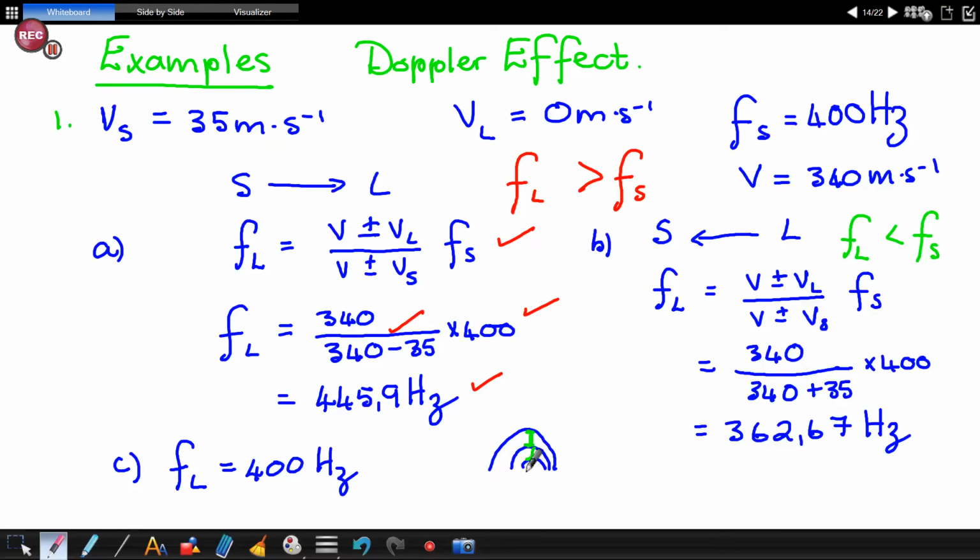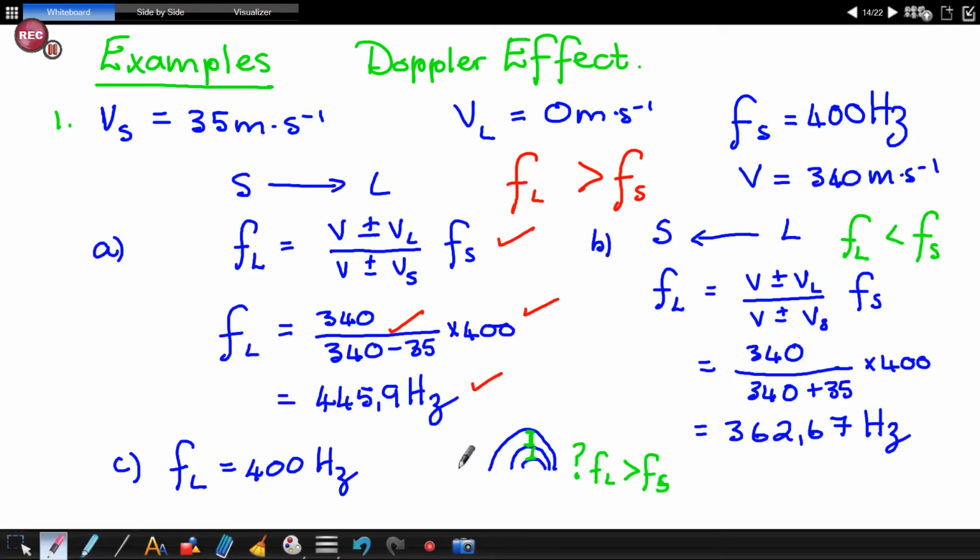Now remember, I'm putting it on paper in 2 dimensions, but it's actually all around in 3 dimensions. So if the listener is standing on this side, the frequency that he will hear will be greater than the frequency sent out by the source.